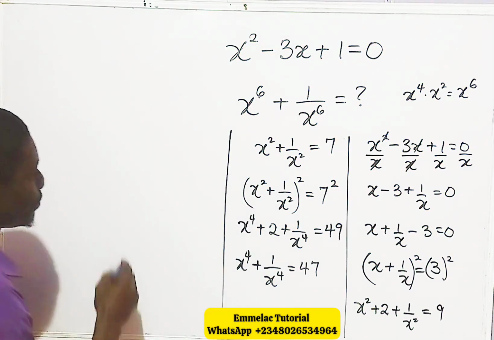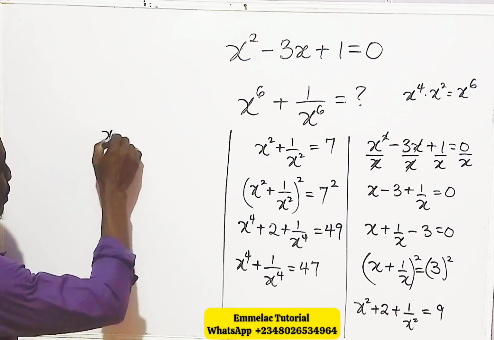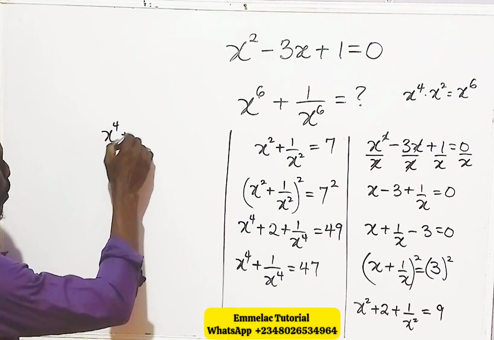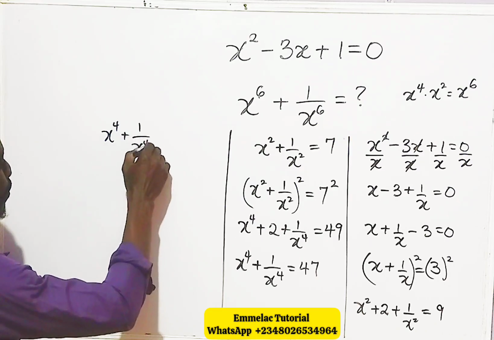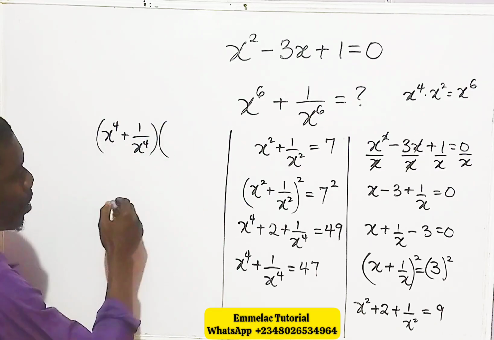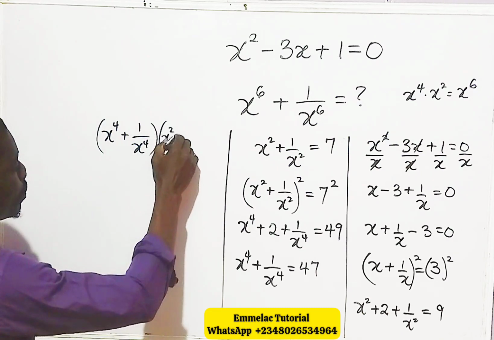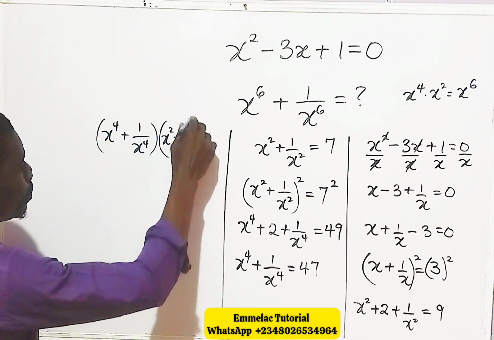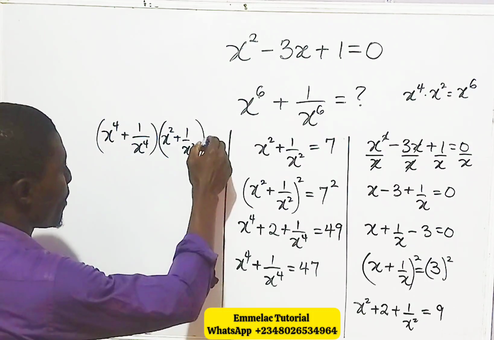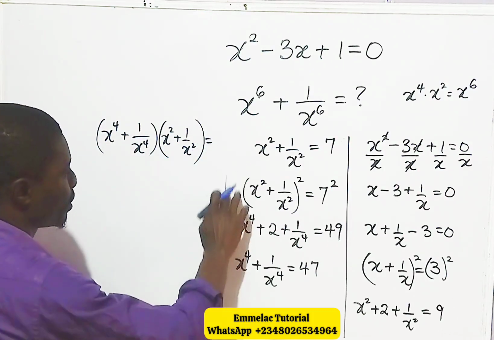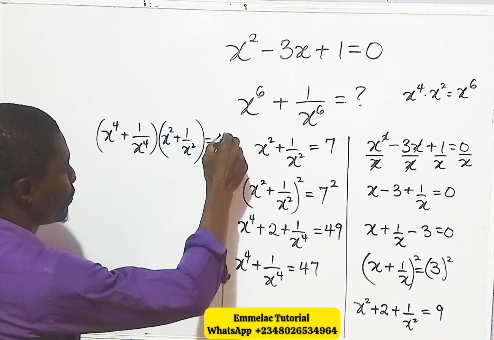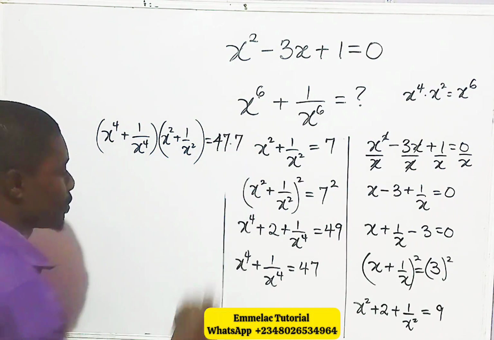So here we have x raised to 4 plus 1 all over x raised to 4, times x raised to 2 plus 1 over x raised to 2, then equals 47 times 7.